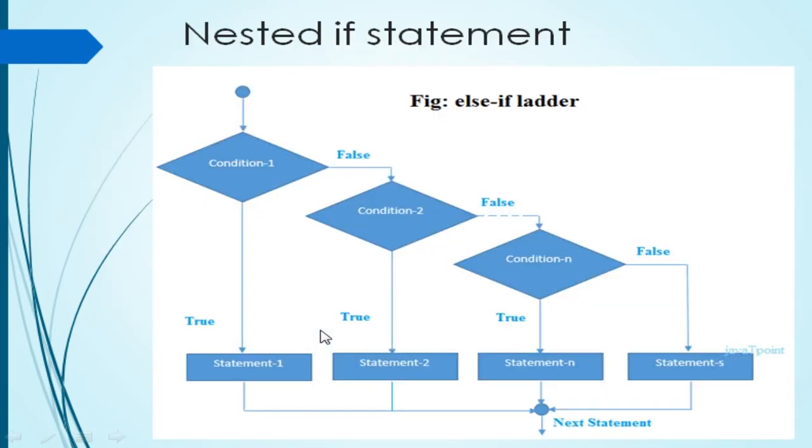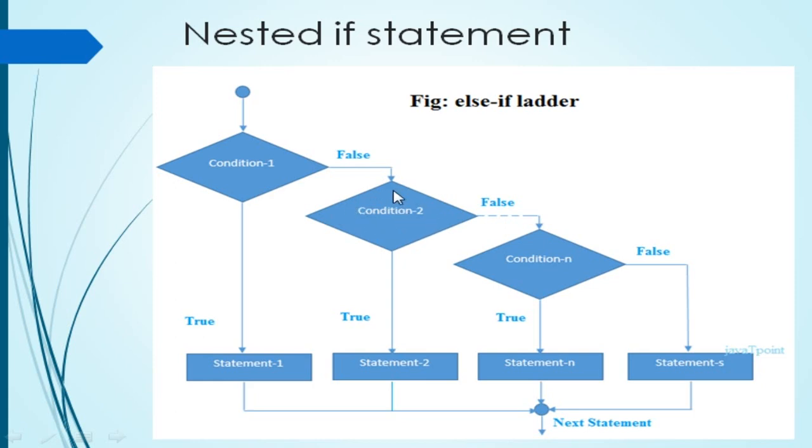Next statement is the nested if statement. Here you can see a list of conditions available. That means you can have more than one if statement in the program, which you call nested. Nested means one inside another. You can see the first condition. If the condition is true, it will execute the true block and go to the remaining of the program. If the condition is false, it will go to the second condition.